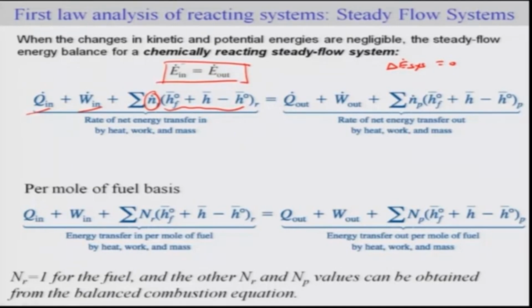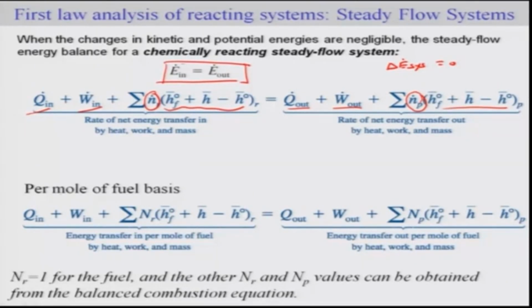This should be equal to Q out plus W out in rate form, plus the energy transfer out due to the product, which is nothing but the summation of the molar flow rate of the product multiplied by the enthalpy of the individual product components.